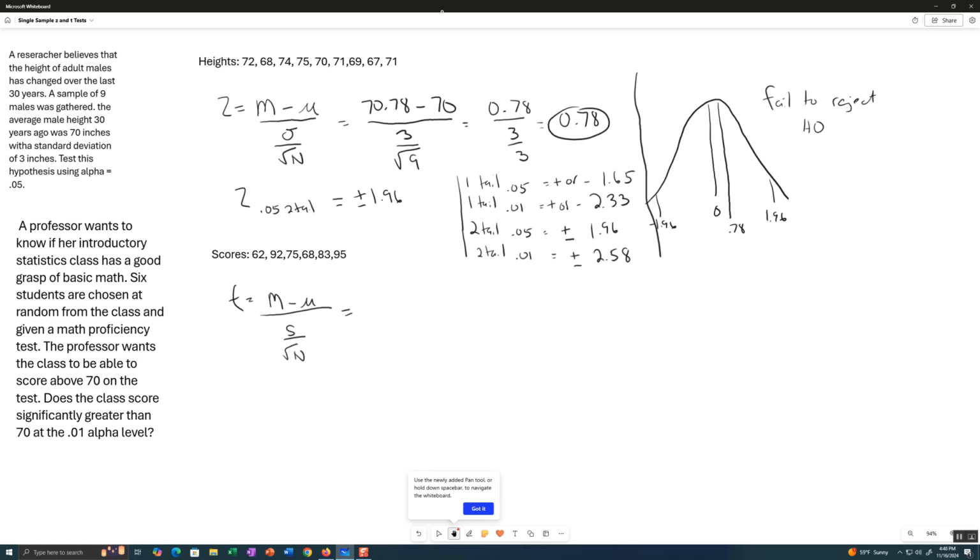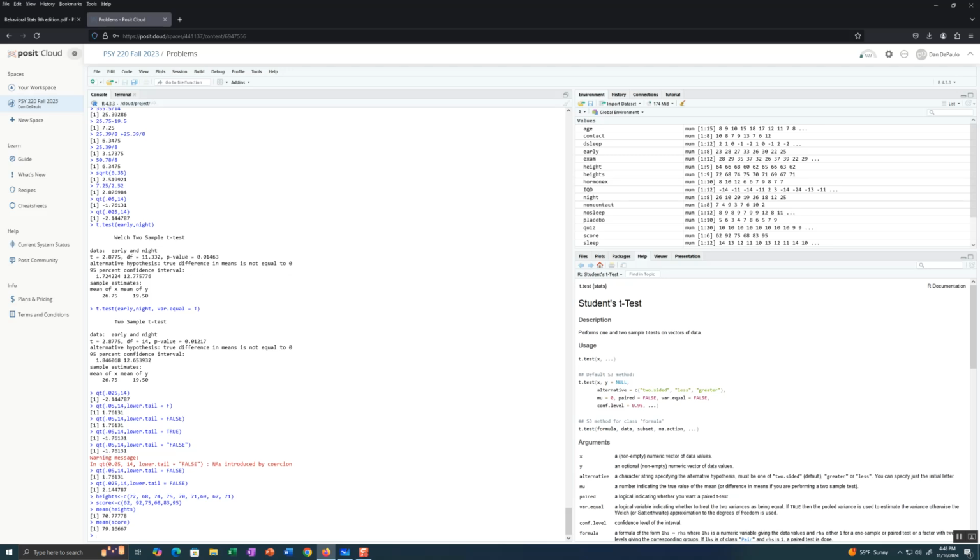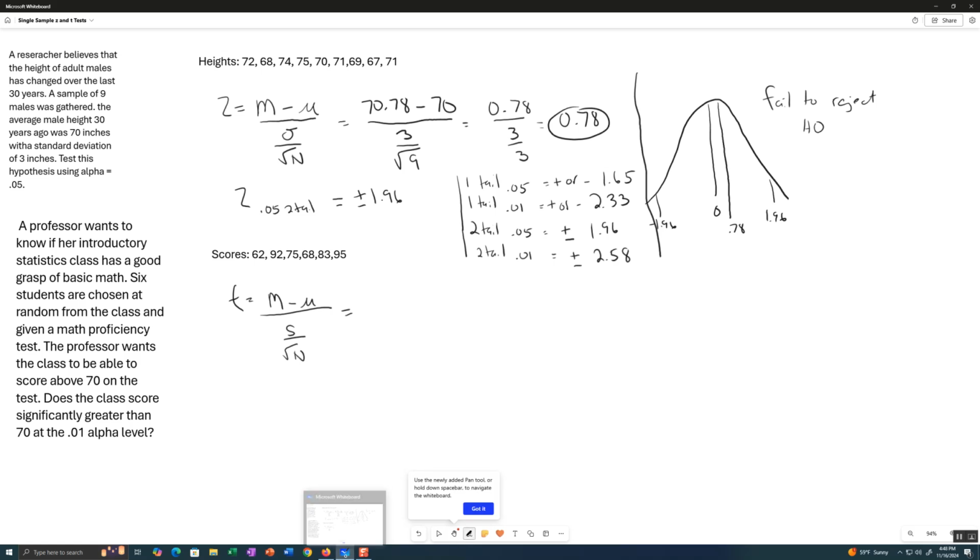So let's find the mean of these scores here, which I will do in R. So we're going to call that score. So that mean is 79.17 for the mean. The population mean is 70.